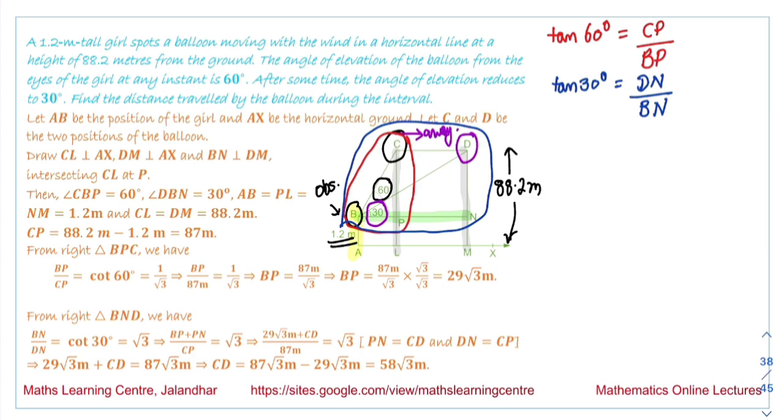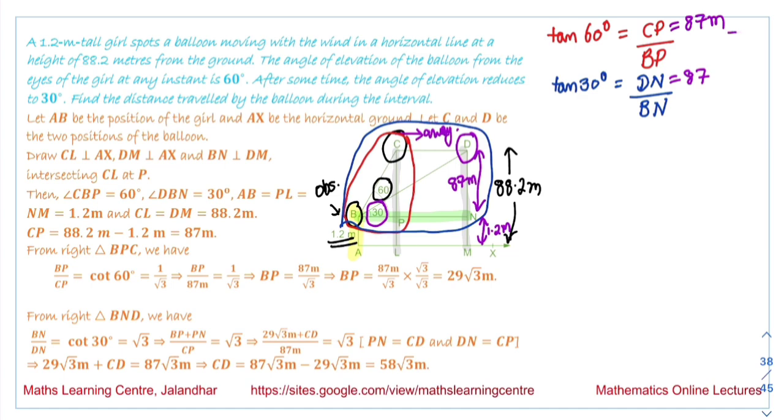Now this length NM is given to be 1.2 meters. It means this length DN we have, it is 88.2 minus 1.2, that is equal to 87 meters. We are talking about this length DN, this is 87 meters. We are talking about the length PC, it is 87 meters.